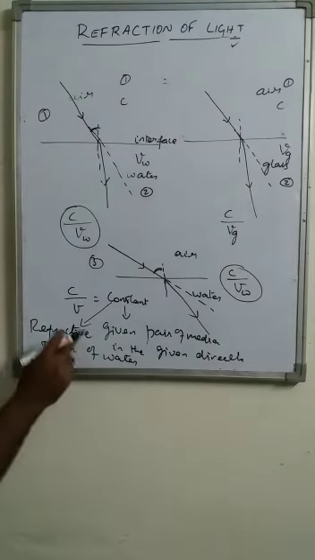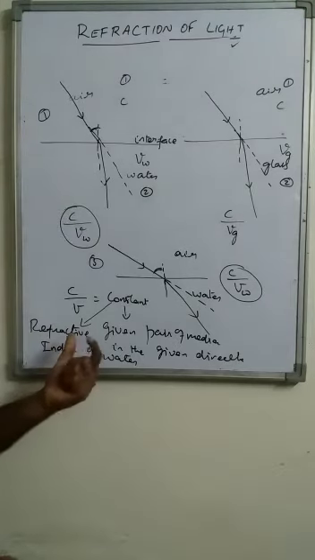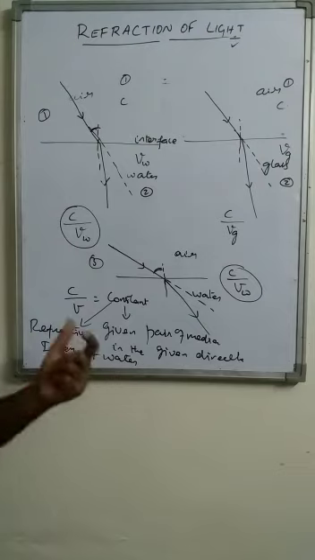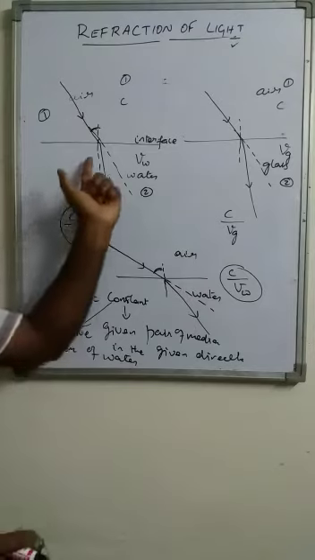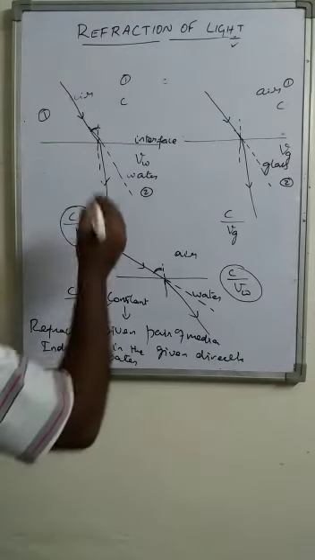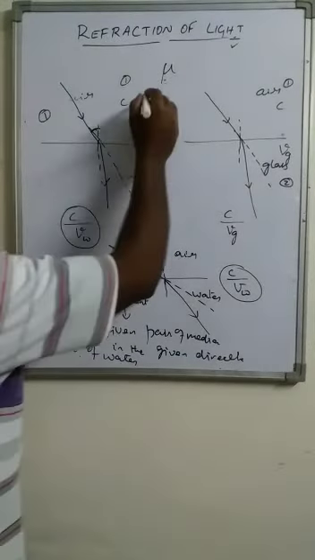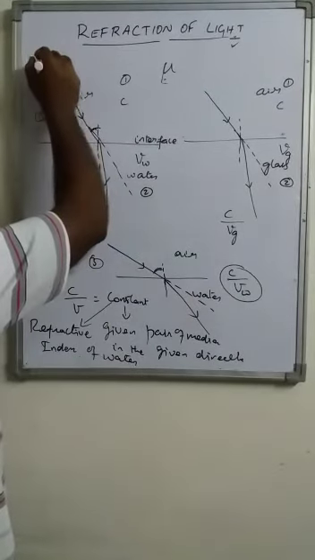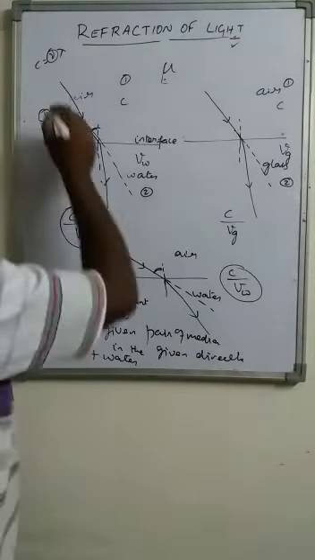And this refractive index is a quantity which tells about how much velocity is changed when it enters from one medium into another medium. So this refractive index is given by the symbol mu. Here c equals nu lambda, where nu is frequency.